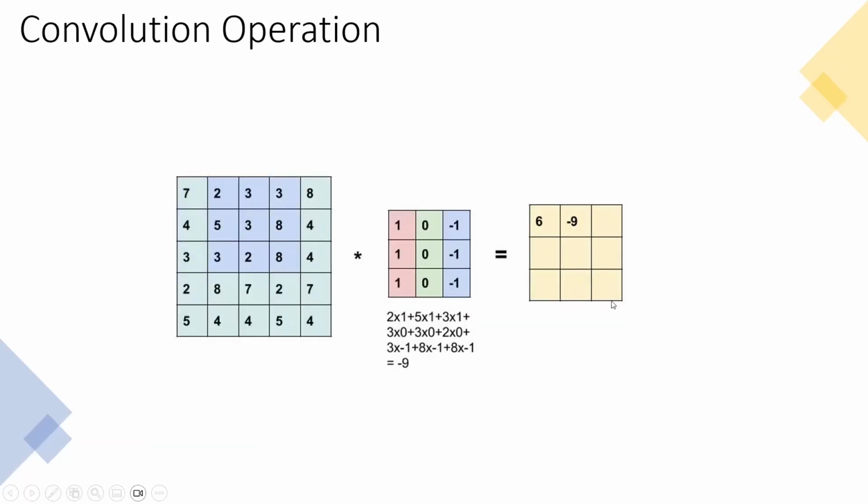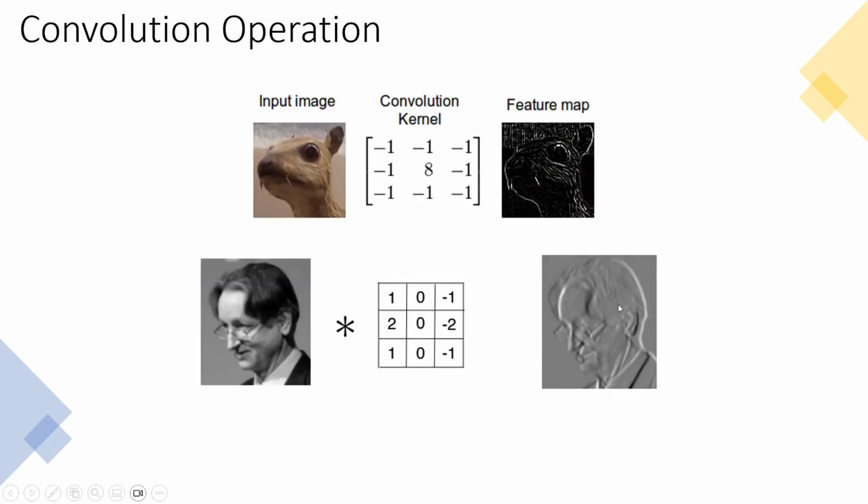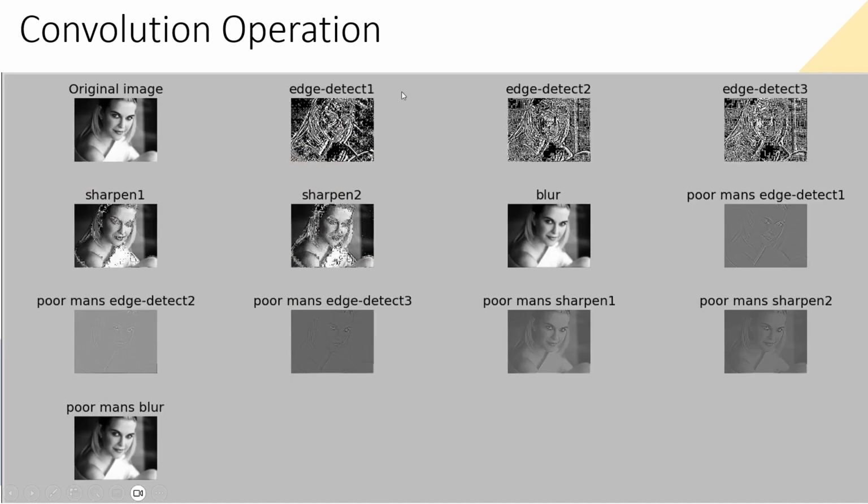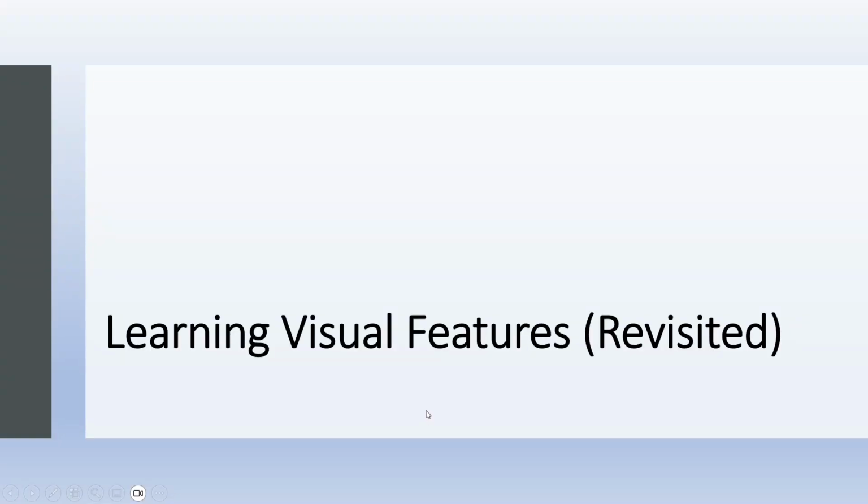That's one thing you need to remember as well. So what we can do with the convolution operation, as we have seen, we have an input image, we have the convolution kernel. We can, for example, make edge detection such as this one or this one. We can do edge detection, sharpening, blurring, as well as other image enhancements with the convolution operation.